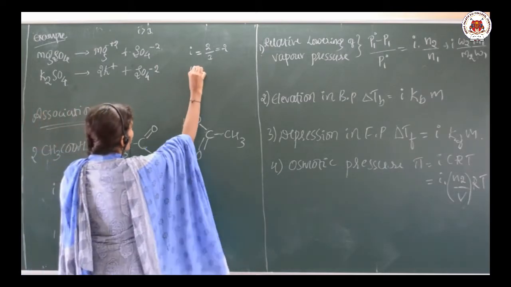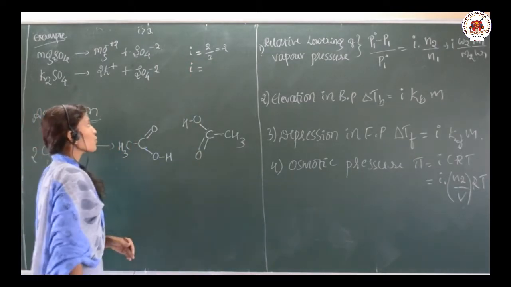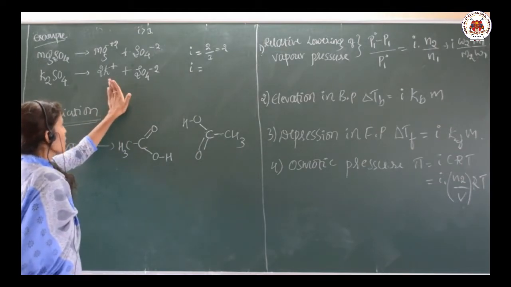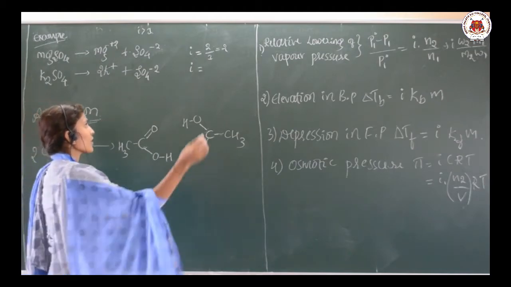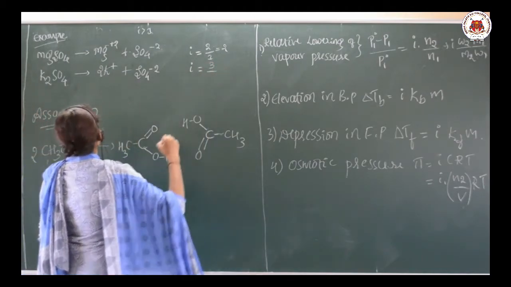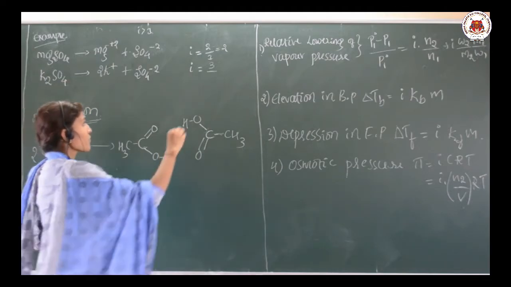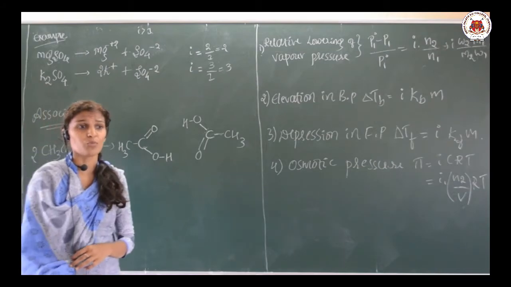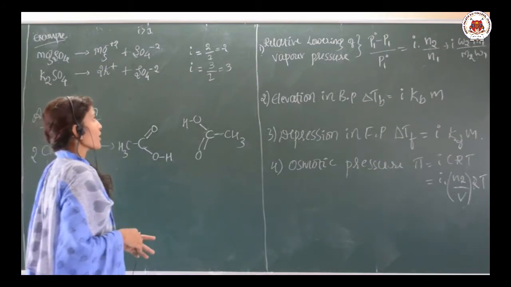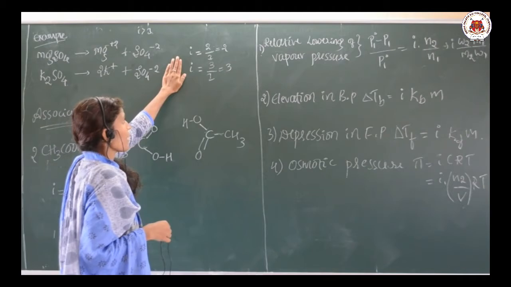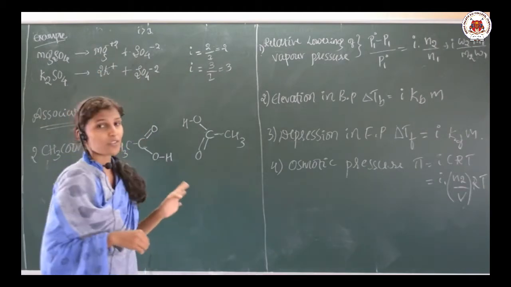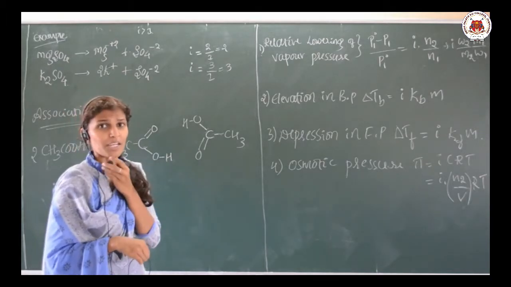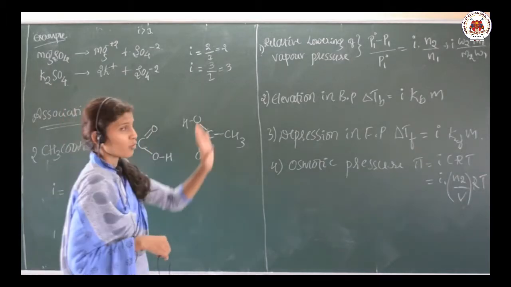Now, I need to calculate i. i is equal to the number of moles after dissociation, 2 plus 1, that is 3, divided by before, where only 1 is there, so 3. All these are examples of dissociation. For dissociation, i is always greater than unity. Here they are going to ask you the value of i for K2SO4. Many times in your annual examination K2SO4 is asked, and i is equal to 3.